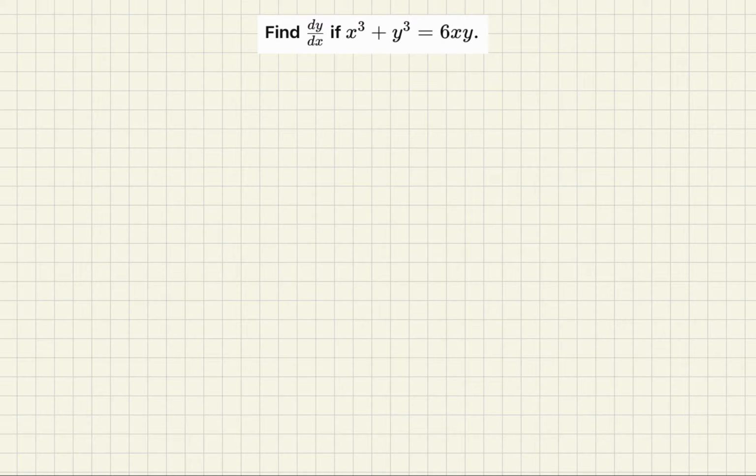So, really similar question. Find dy over dx given the equation x cubed plus y cubed equals 6xy. Differentiating both sides with respect to x gives us this.